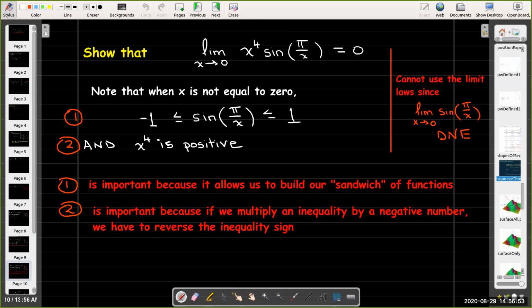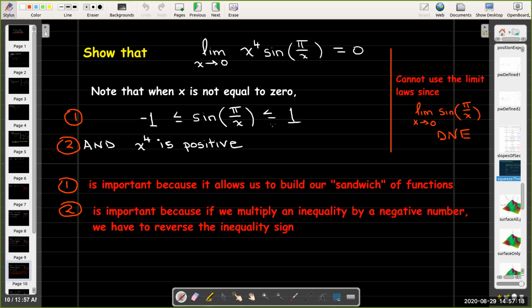And number 2 is important because we're going to start with our first statement, and we'd like to multiply that by x to the power of 4 to get our target function in the middle. But I have to remember that if I multiply an inequality by a negative number, we have to reverse the inequality sign. Well, we don't want that to be reversed.